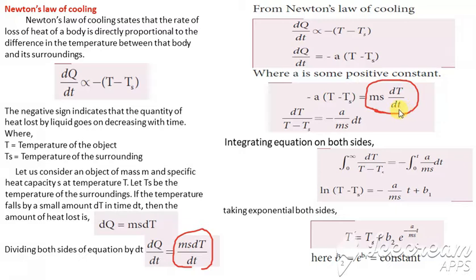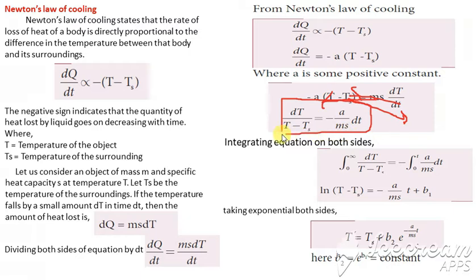Now bring this dt to this side, and bring T minus Ts down here, and in the same way ms we bring it down. So we get dT divided by (T minus Ts) is equal to minus A divided by ms into dt.